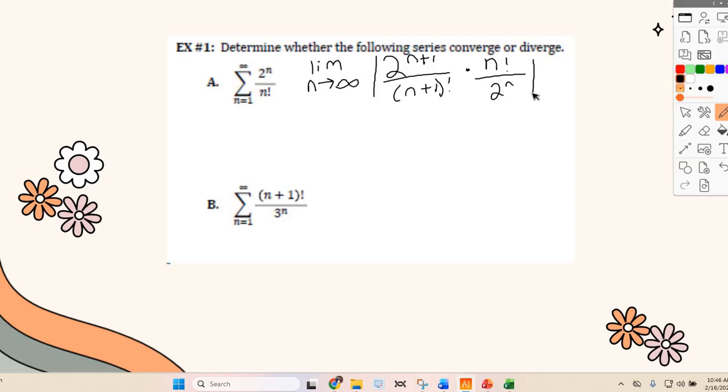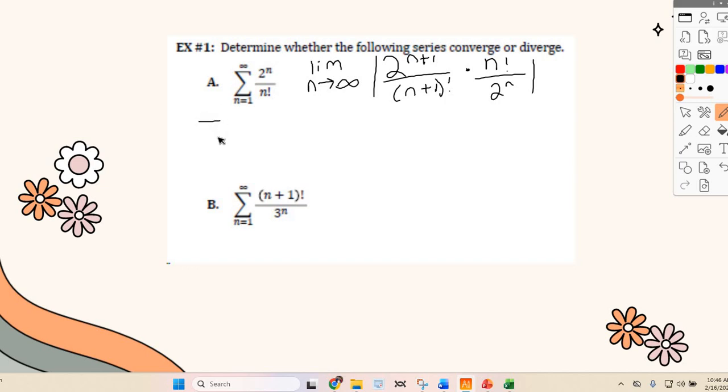What is diagonal from each other? The factorials and the exponents, right? So if I can rewrite that in such a way to have things that are factorials and things that are exponents, then we can probably reduce some things. Yes? Okay.